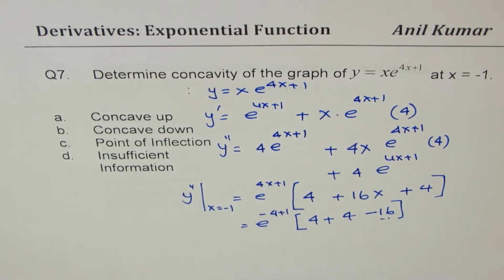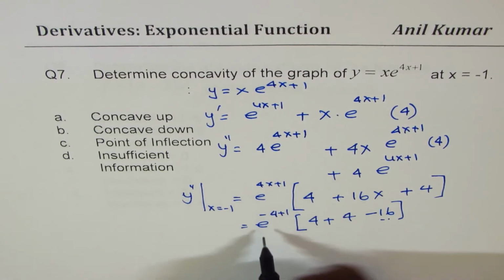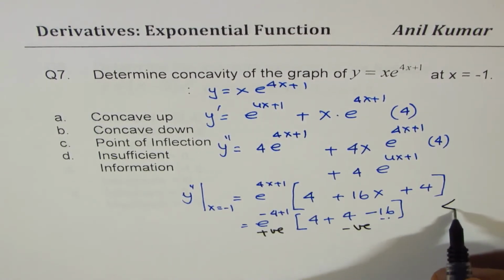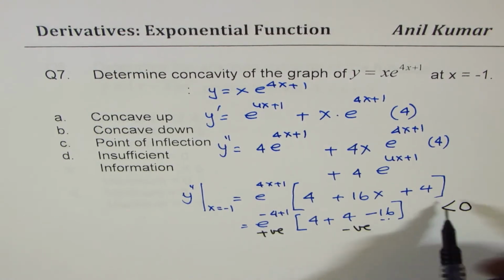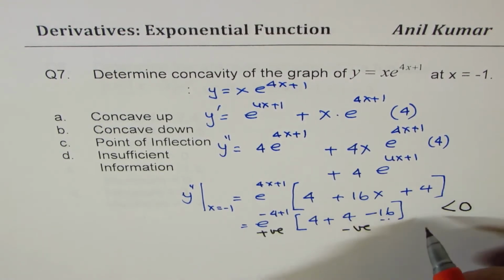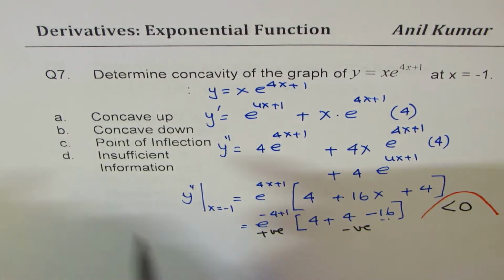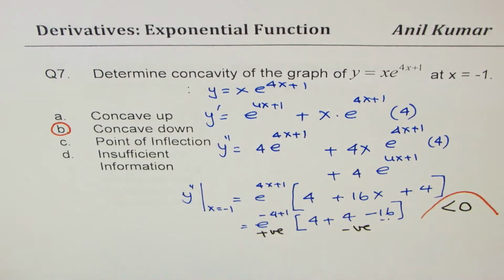So you see this part is negative, correct? So we know this part is always positive. This is always positive, this is negative, and so what we get is less than 0. So if it is less than 0, that means concavity is kind of like this, correct? So we have concave down at x equals to minus 1.